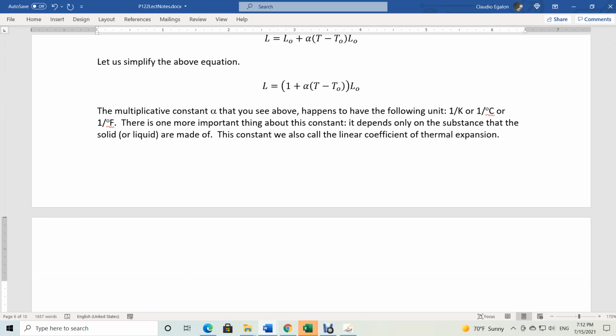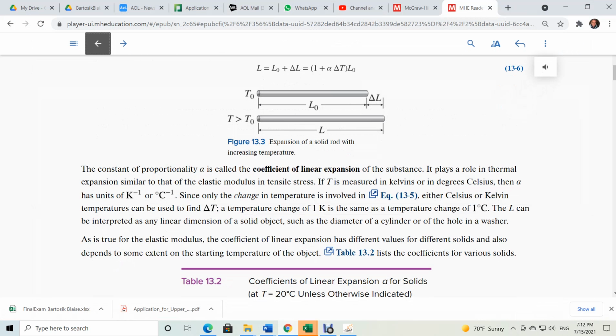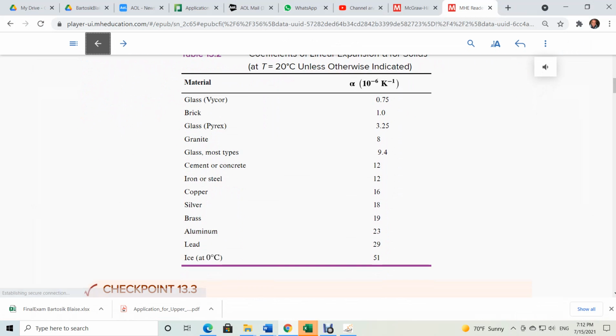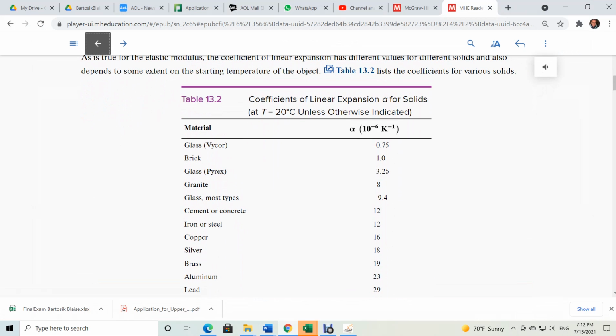There are different values for this coefficient of linear expansion, and the values depend on the substance. Let's take a look. We have different values for this coefficient of thermal expansion.